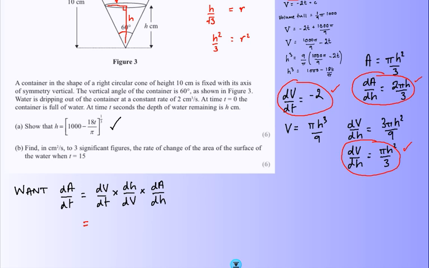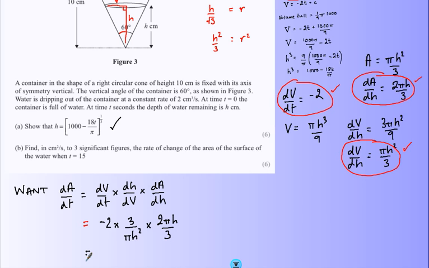So away we go. dV/dt is minus 2. dh/dV, turn this one over: 3 over pi h squared. And dA/dh, 2 pi h over 3.